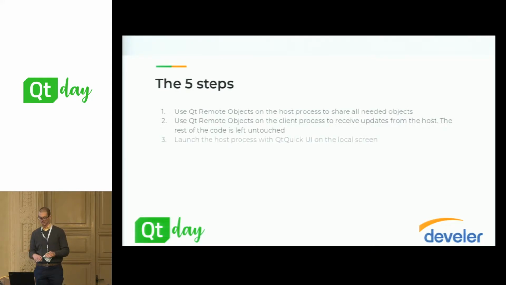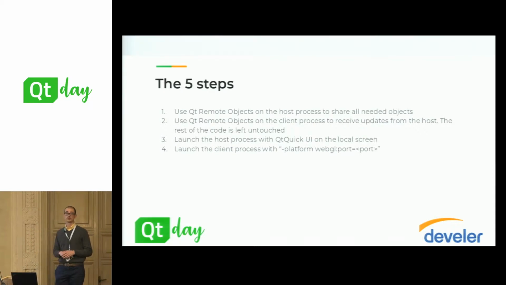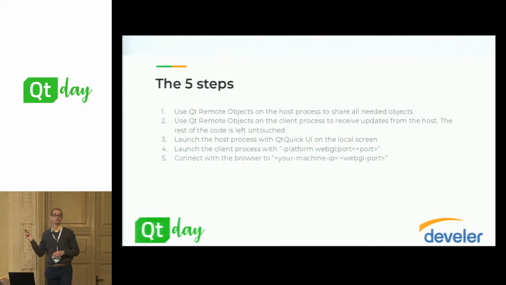Then you launch the host process on the local screen. You launch the client process with suitable command line arguments. Then you connect with the browser to your client application, and that's it. And you can enjoy your application on 2 screens, the local screen and the browser.